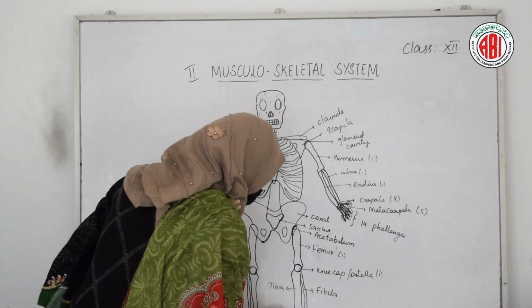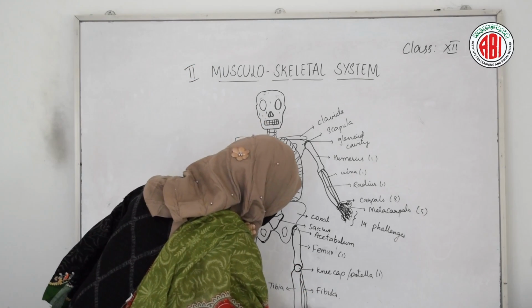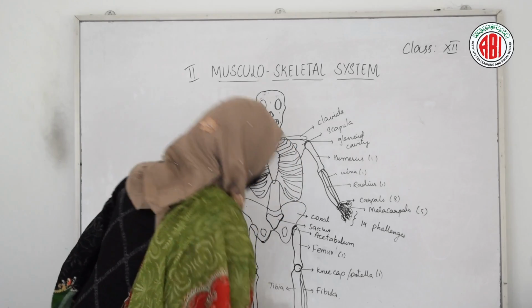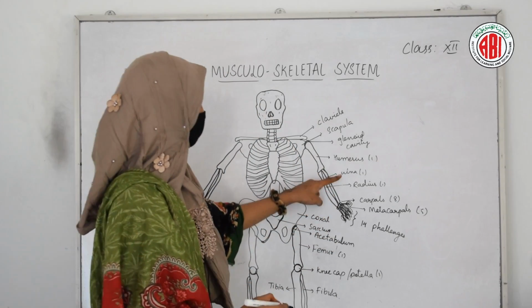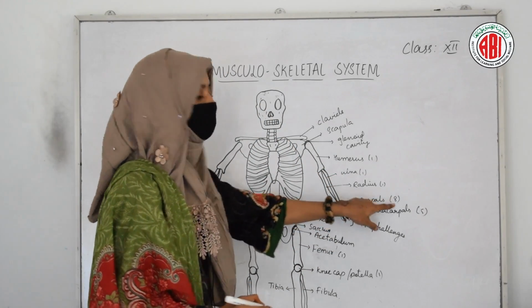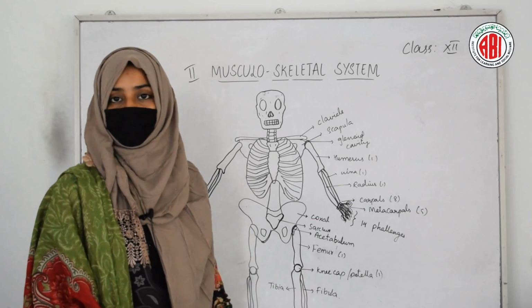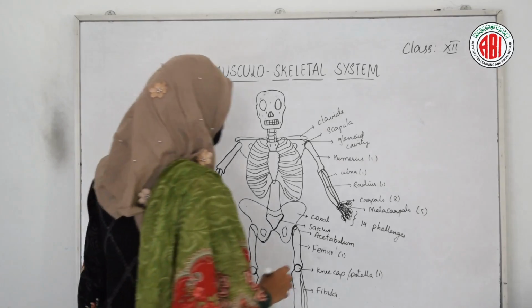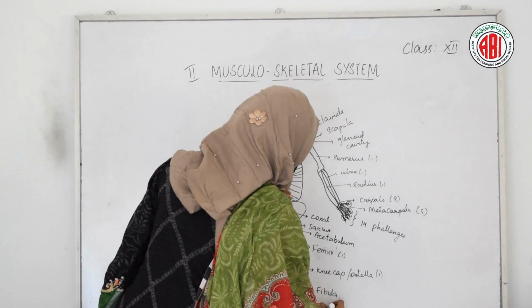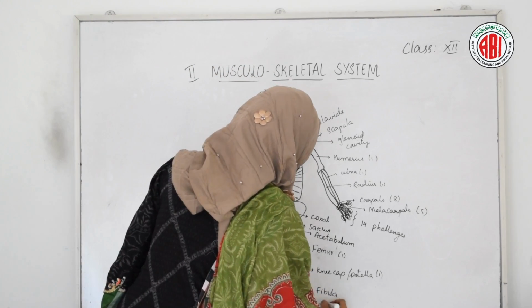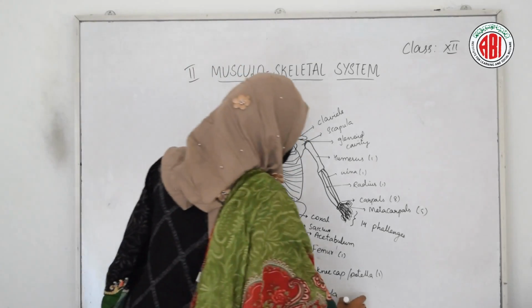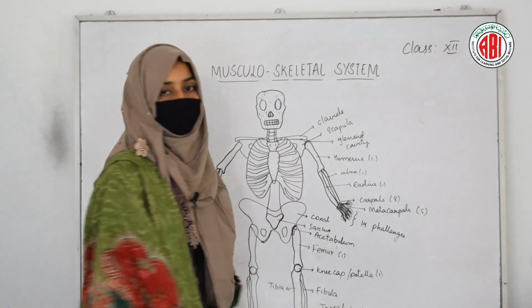Now, below this tibia and fibula, just as below the ulna and radius we have seen that carpals are present, 8 in number, here in the bones of our leg you may find tarsals, and these tarsals are not 8 in number, they are 7 in number, right?